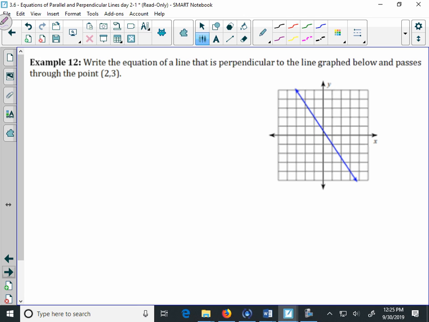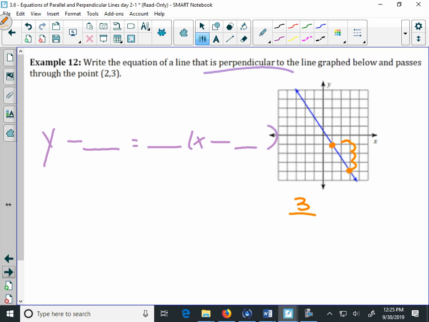So last one here says write the equation of a line that is perpendicular to the line graphed below and passes through the point 2, 3. So I fill out my skeleton. Same thing as last time. How can we find the slope of that line? Rise over run. Here's my corner point. Here's my corner point. What is my rise? 3.